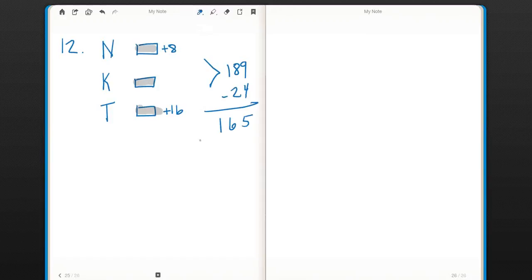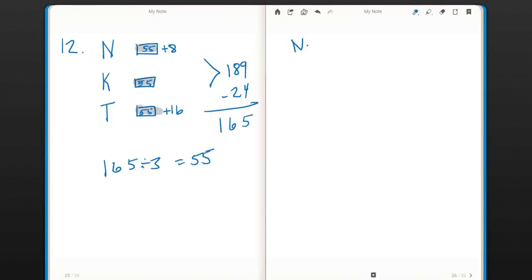If I have the 165 and divide that by 3, that will give me my equal boxes. So if each of my boxes is 55, the question is to find the age of each lady.